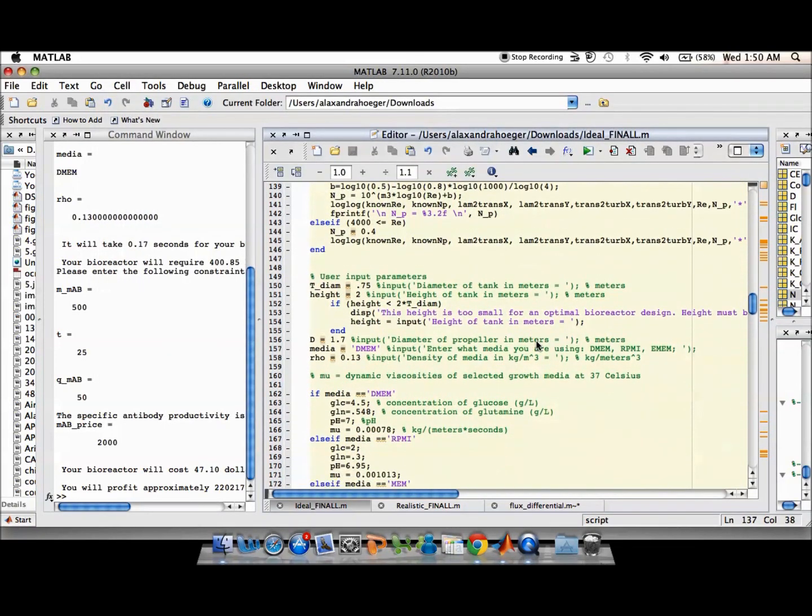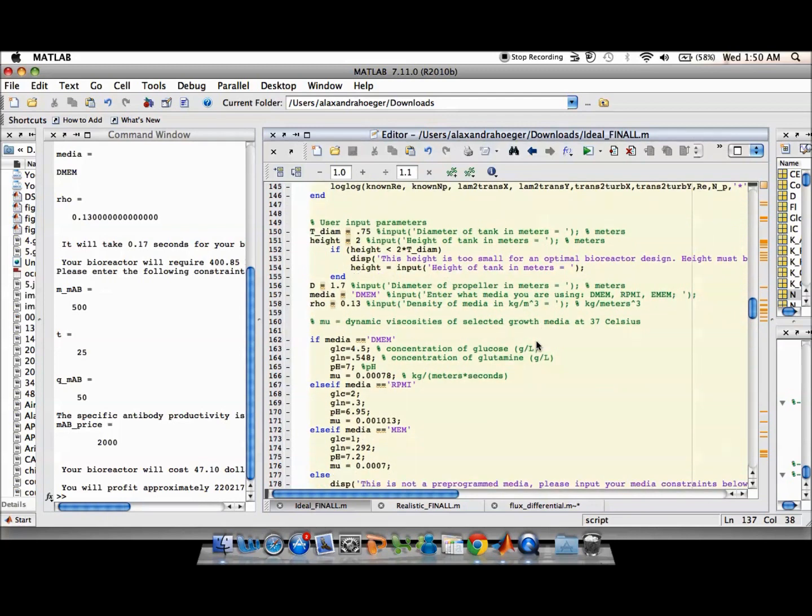So then moving on from that, here are the other different parameters the user will input: the tank diameter, the height, and then a statement that shows if the height is less than twice the diameter, there aren't legitimate dimensions for a bioreactor.